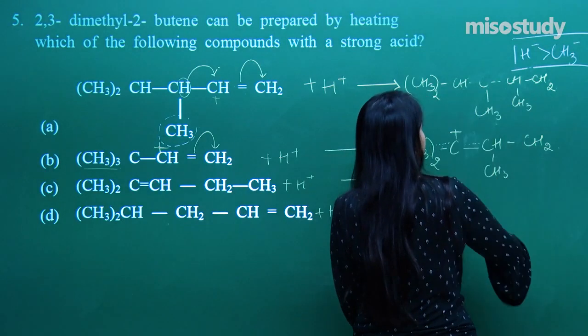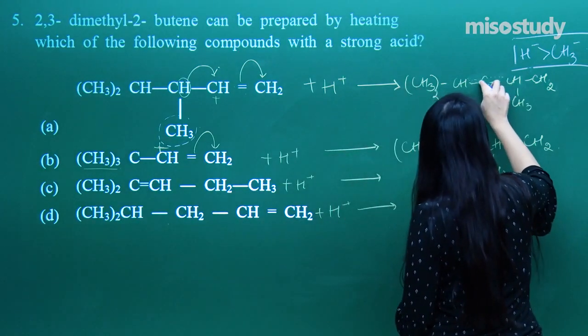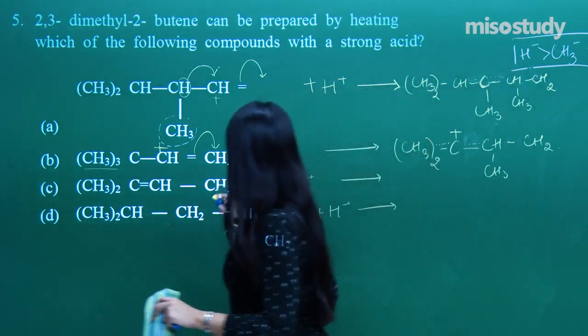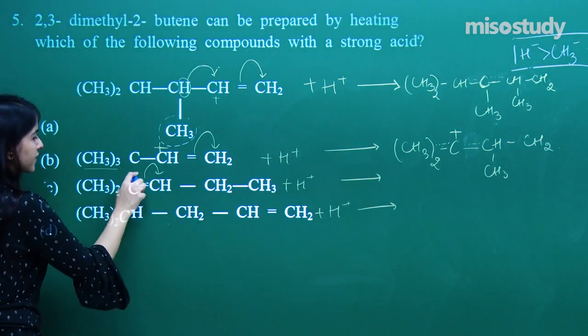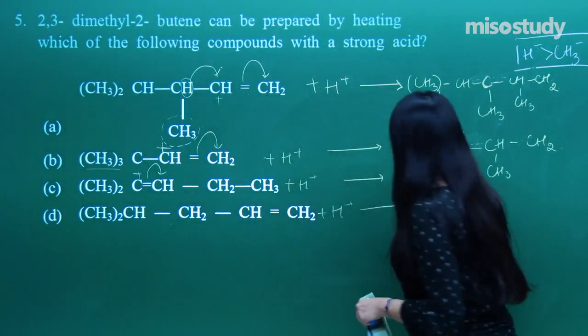So let us just quickly have the answers for the remaining two. Over here, what do you see? Again, I will be shifting it towards this side, because here I will be having a tertiary carbocation. Again, the double bond will be somewhere like this.